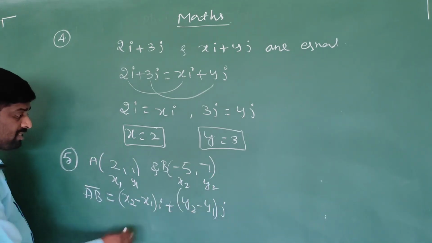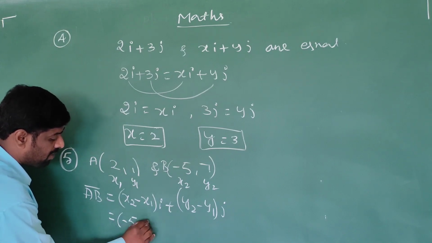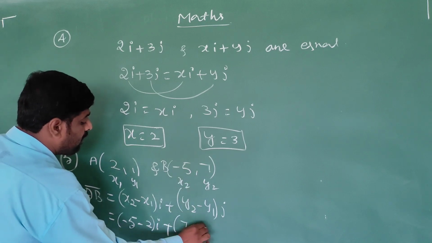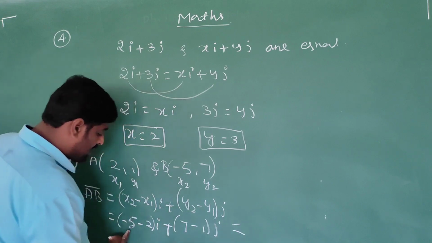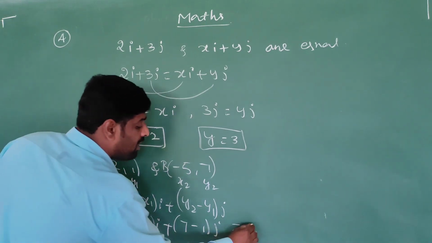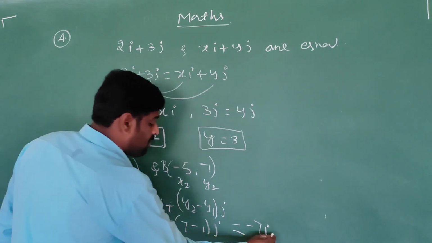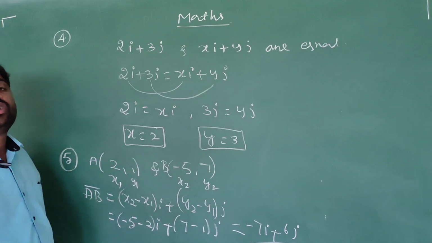Here x2 is -5, so -5 minus 2 i cap plus y2 is 7 minus 1 j cap. So that equals -5 minus 2 is -7 i cap, and 7 minus 1 is plus 6 j cap. This is the vector joining 2 points.